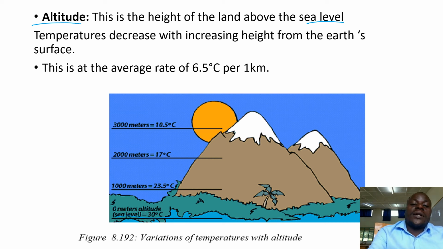But as you ascend 2,000 meters above the sea level, temperatures reduce to 17 degrees Celsius. And as you move higher to a height of 3,000 meters, temperatures reduce to 10.5 degrees Celsius. The higher you go, the cooler it becomes.